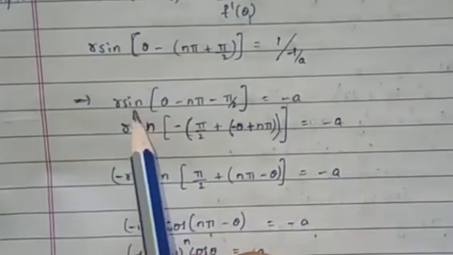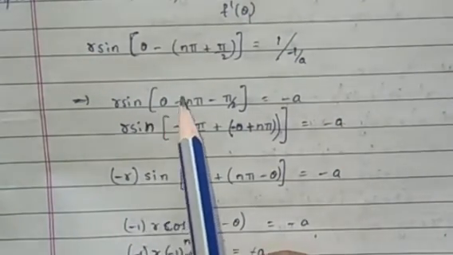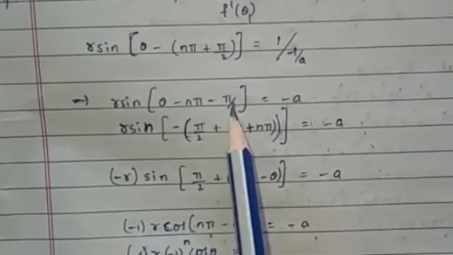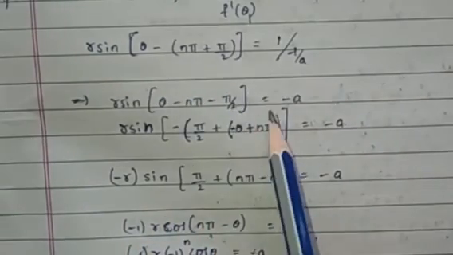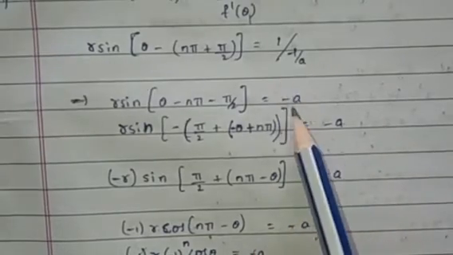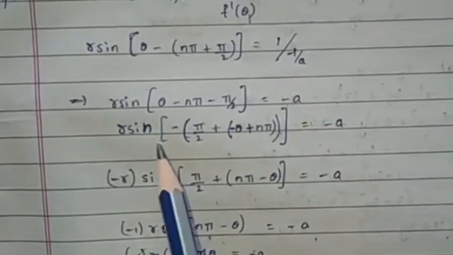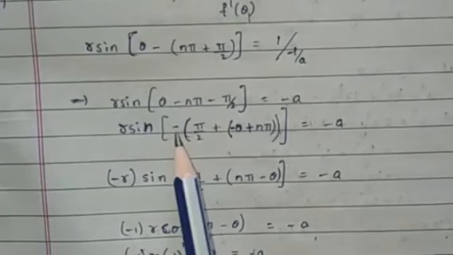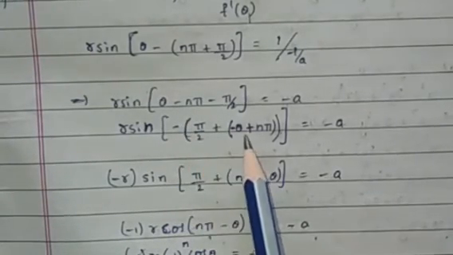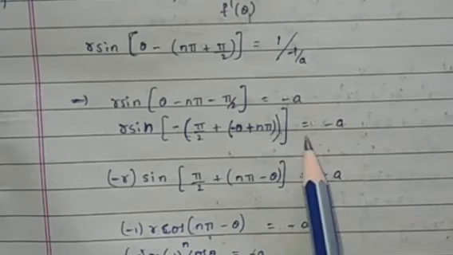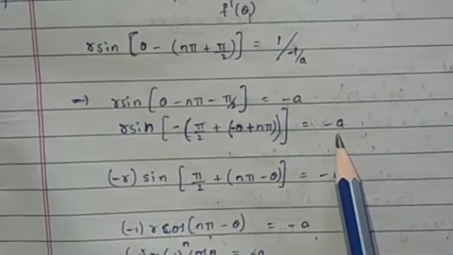Next, r sin of theta minus n pi minus pi by 2, I have done the splitting, which is equal to, this simplification, minus a. Next, r sin, taking the minus sign outside, we get minus of pi by 2 plus n pi minus theta, which is equal to minus a.